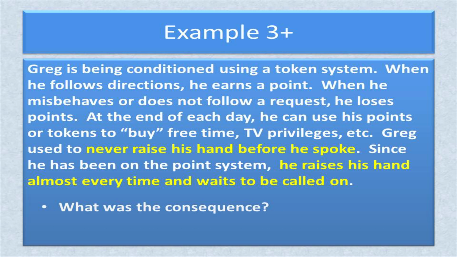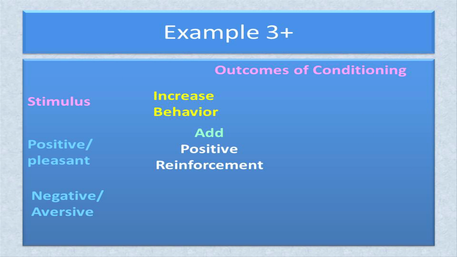increased. The consequence is receiving points, and these are added when he behaves appropriately. So now this is an example of positive reinforcement. Points are added when Greg behaves appropriately, resulting in an increase in that behavior.